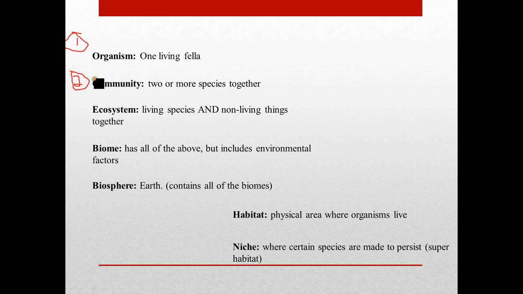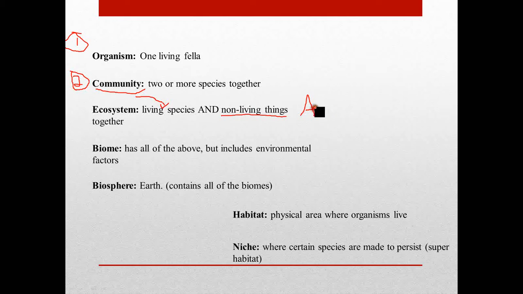And then you zoom out a little more. You add another factor: non-living things in an ecosystem. The community is the living species part, and in an ecosystem you have living things and non-living things. What do I mean by non-living things?